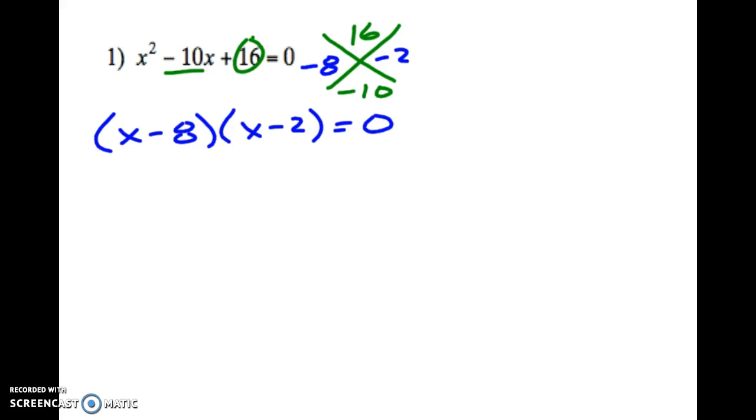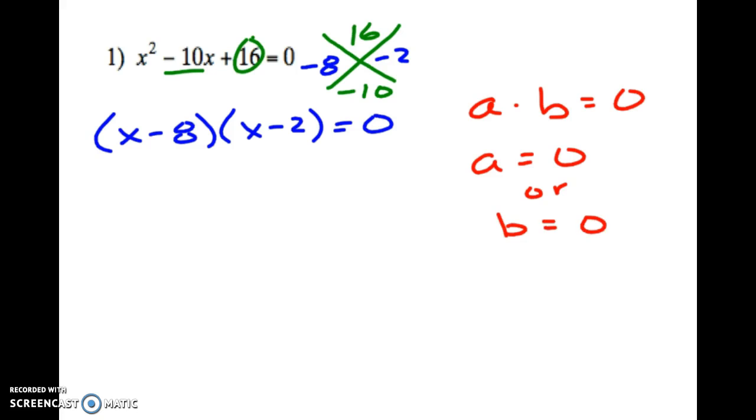Now, I don't know if you know the zero product rule, but if you have two terms being multiplied together, and you want them to equal 0, that means either A is going to have to equal 0, or B is going to have to equal 0. Since both sets of parentheses represent a term, we can set both of them equal to 0 to get our answers.